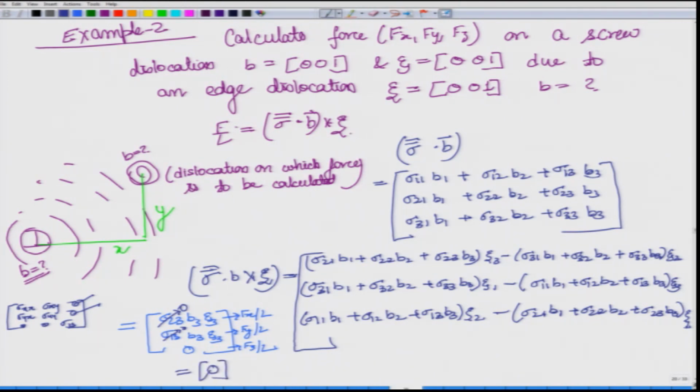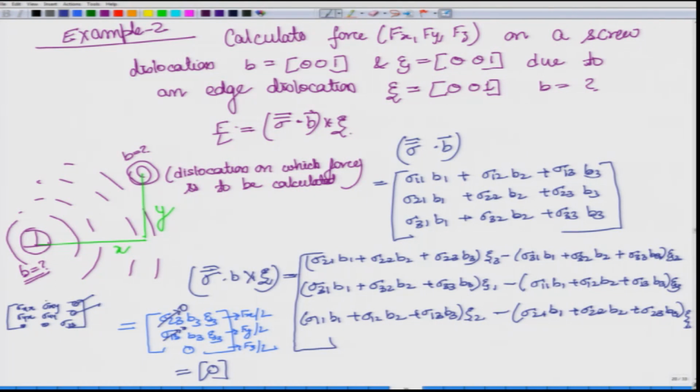So, all this exercise is telling us that the force because of an edge dislocation onto a screw dislocation is 0, and again this should not be surprising, because if you remember, the stress components of the edge dislocation matrix are in effect in a way inverse of the stress components present in the screw dislocation.